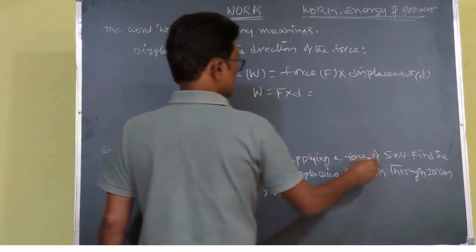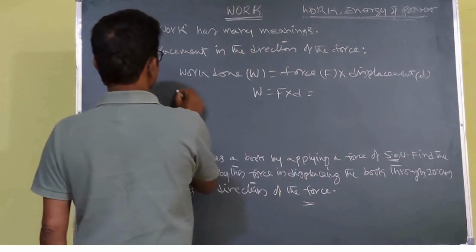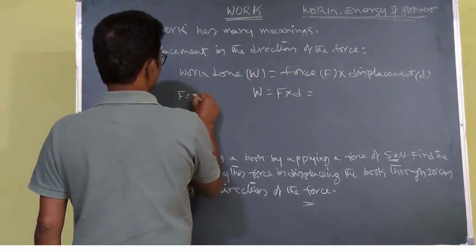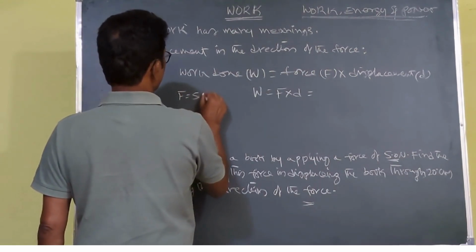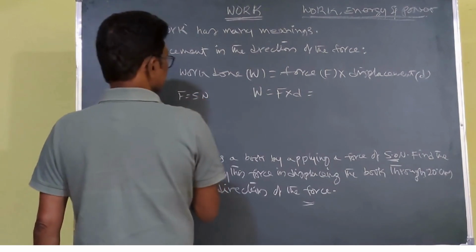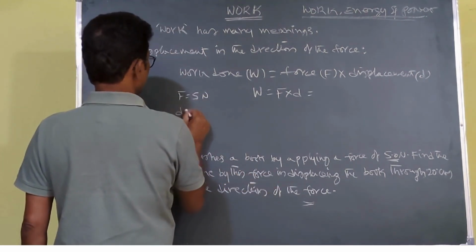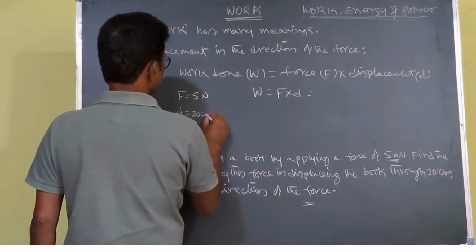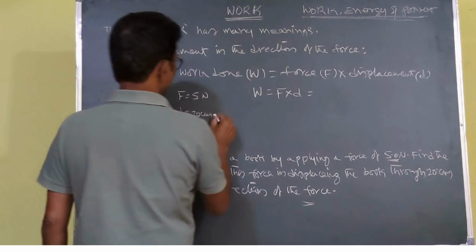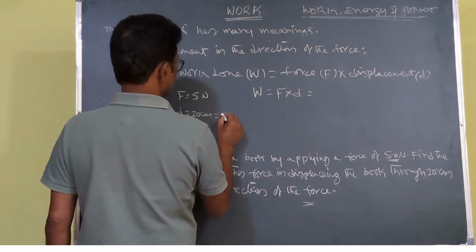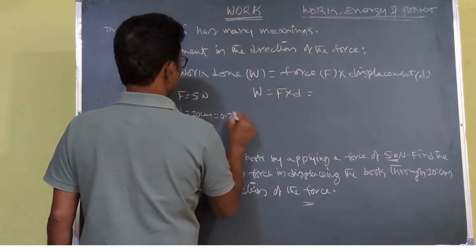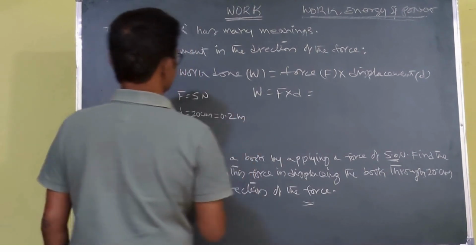Force is given as 5 newtons. Displacement is given as 20 centimeters. The centimeters are converted into meters, so this is 0.2 meters.